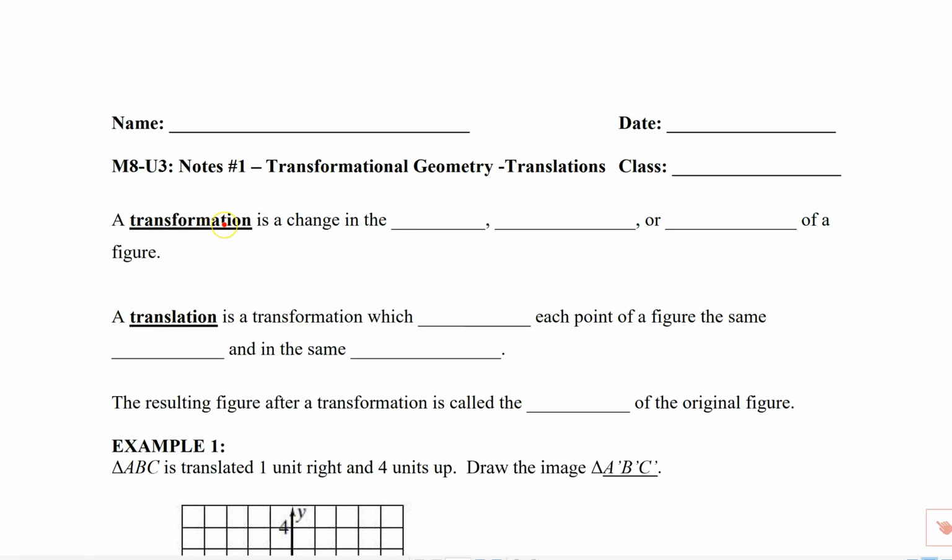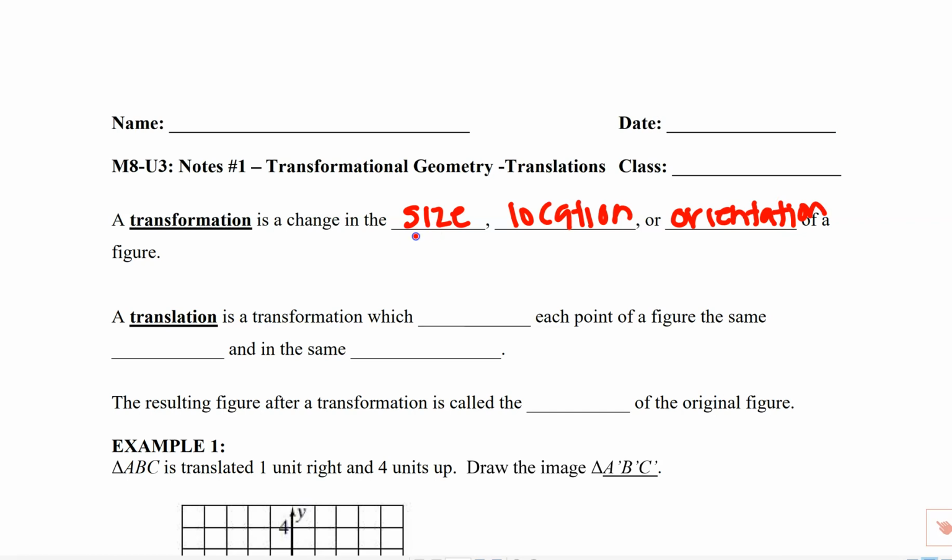So, a transformation, if you ever seen the movie Transformers, that's what it is, transforming something. So in this case, we're going to be transforming a shape. So a transformation is a change in the size, location, or orientation of a figure.